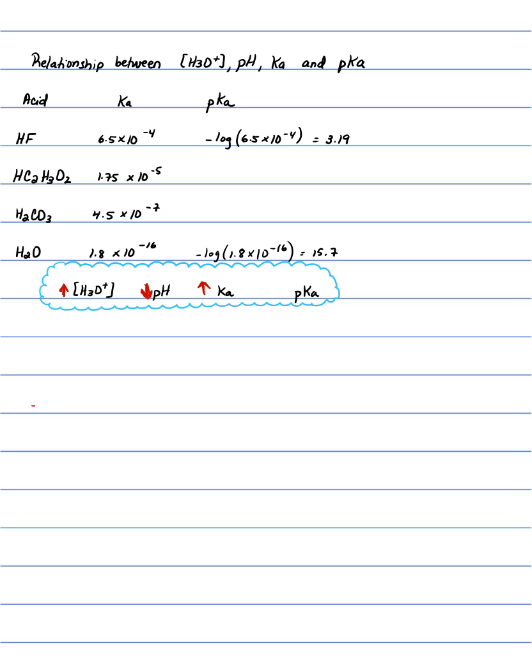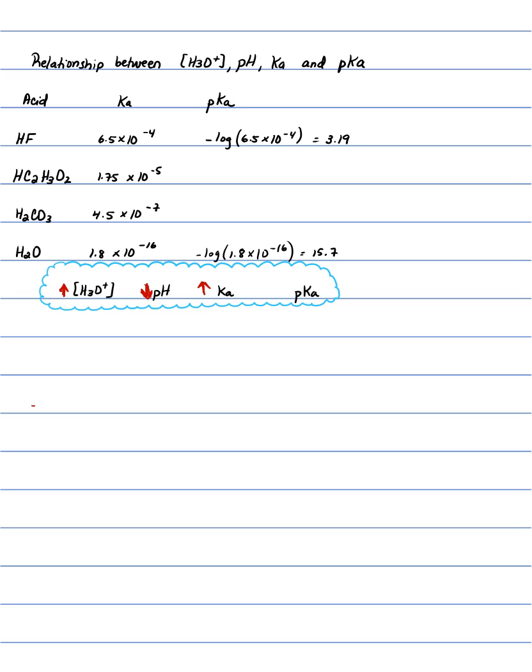And now the new part is the pKa. That's the new part here. I have here a list of weak acids with the Ka value. For them, you have 10 to the minus 4, minus 5, minus 7, minus 16.